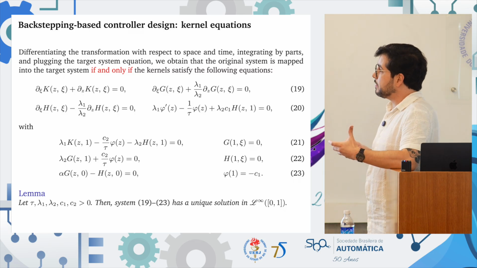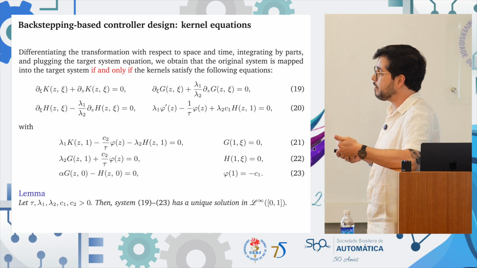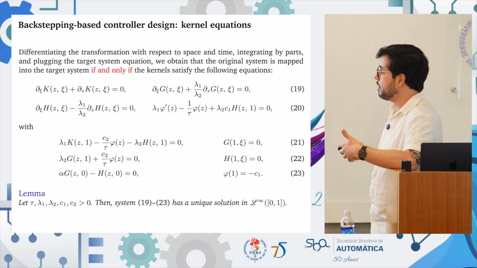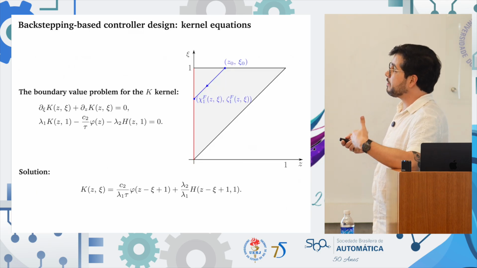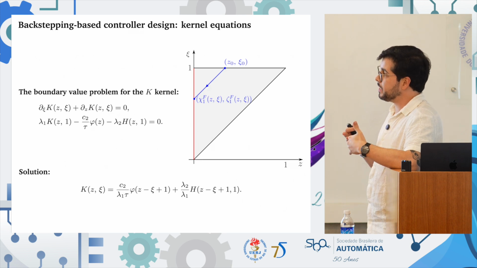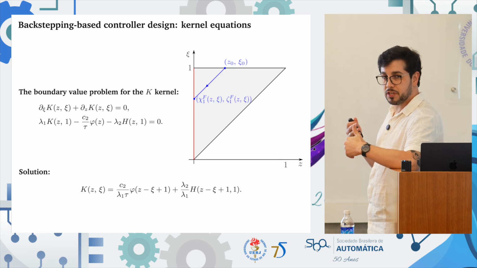To show that these kernels have a unique solution, we basically have to solve these PDEs and this ODE using the method of characteristics. With the method of characteristics, you transform the PDE into an ODE and integrate along the curve.